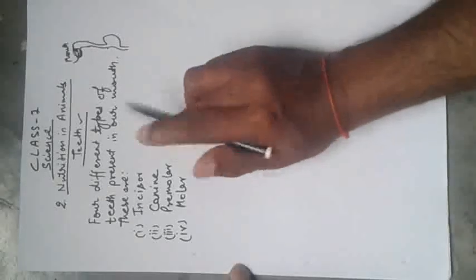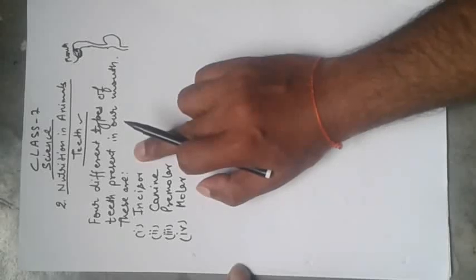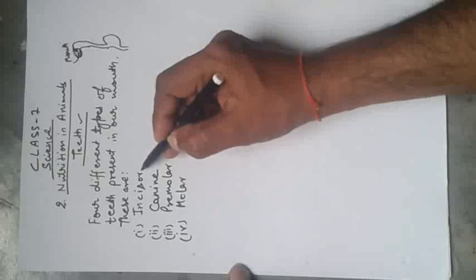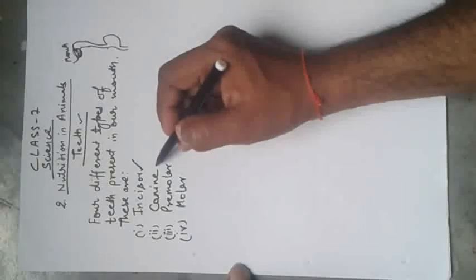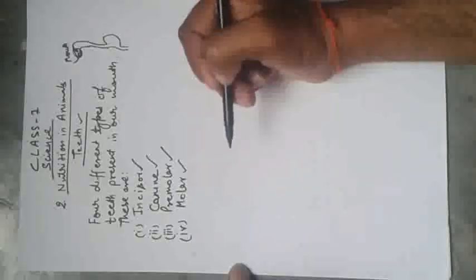So we can say that there are four different types of teeth in our mouth: incisor, canine, premolar and molars.